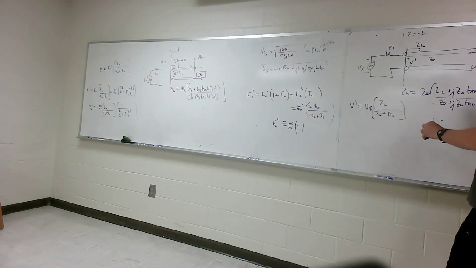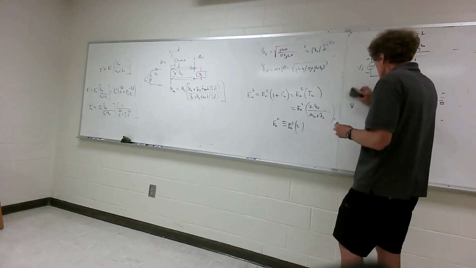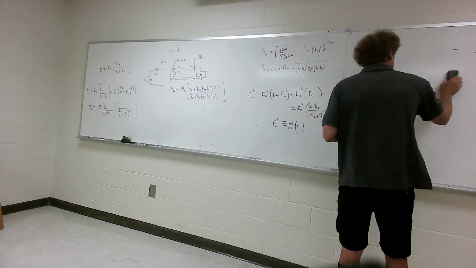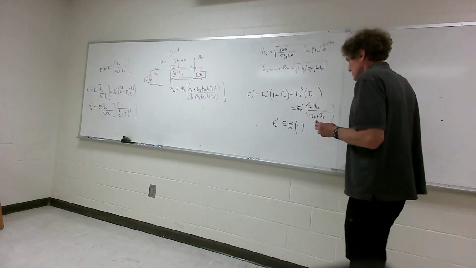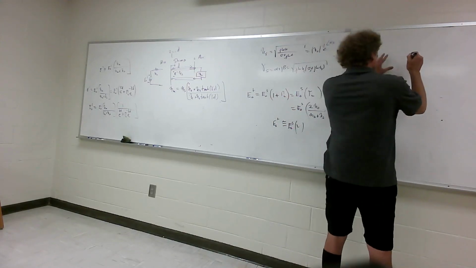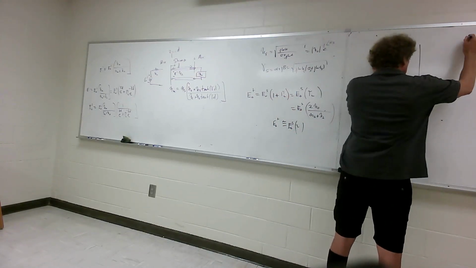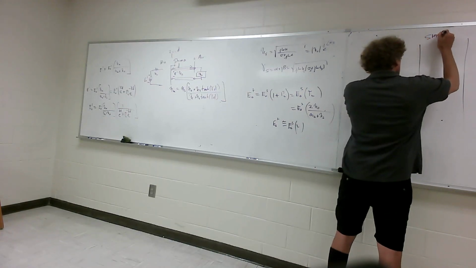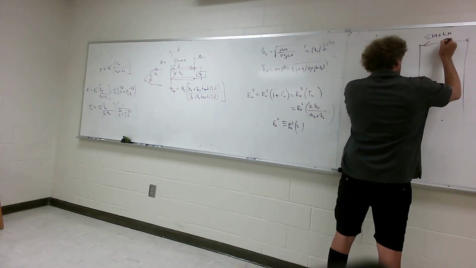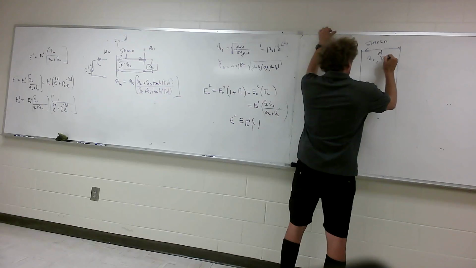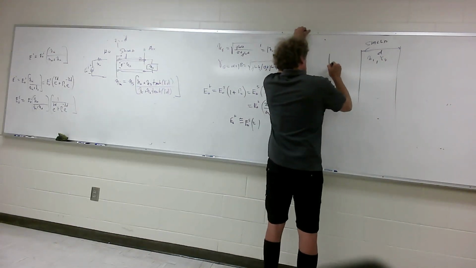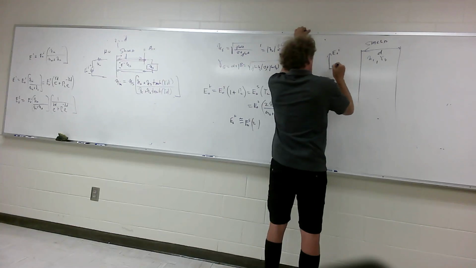Now I'm going to do it right here. So, if we have a shield, and the shield has a thickness D, and there's some eta of the shield and some gamma of the shield, we've got an incident electric field here propagating in.